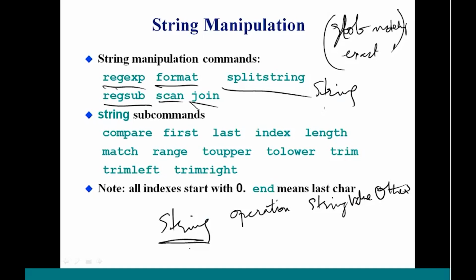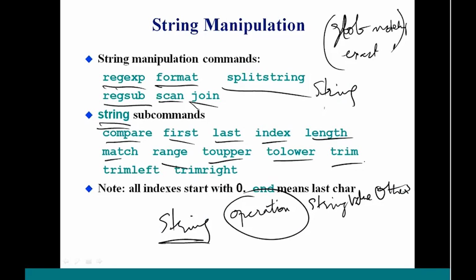So the string command, similar to the list command that we talked about, is the main command, and it has a subcommand, which is this operation, that can be compare, first, last, index, length, match, range, toupper, tolower, trim, trimleft, and trimright. We will see some examples of how to use these commands.